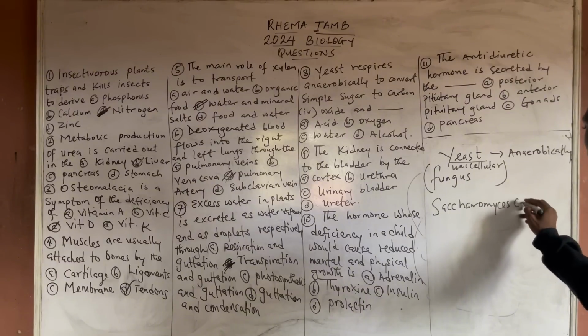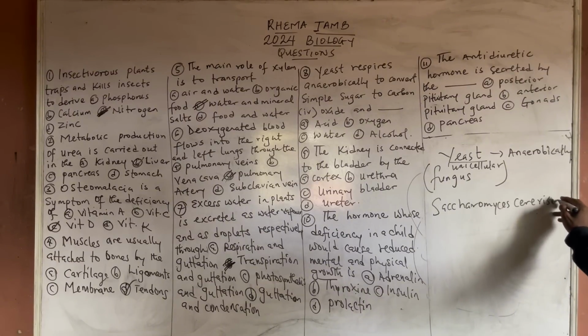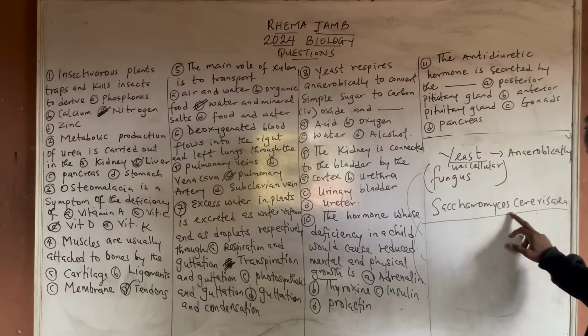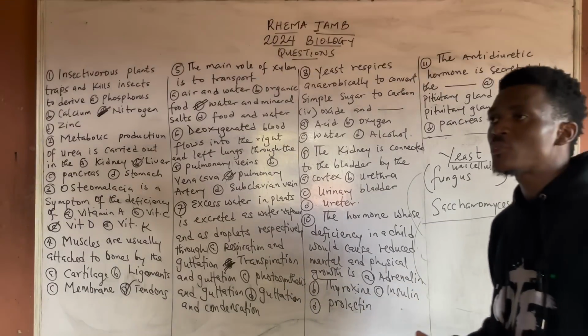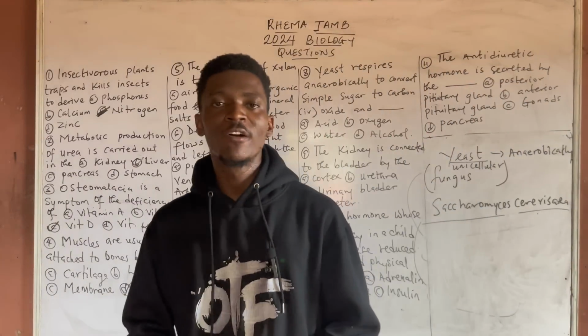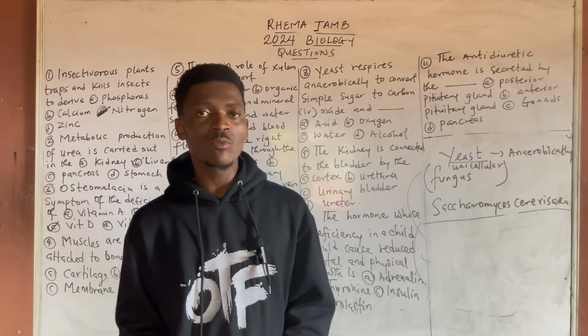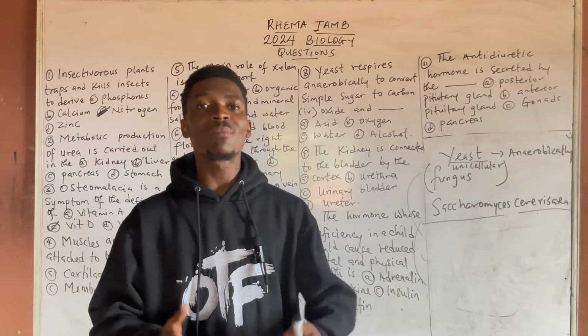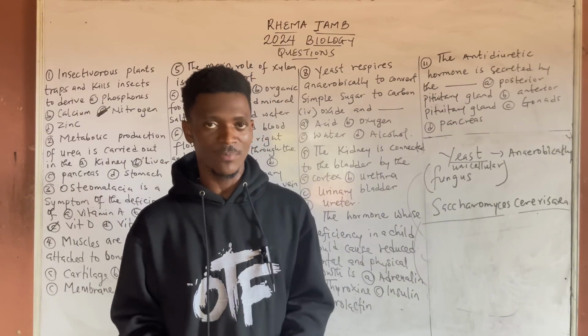Saccharomyces cerevisiae. All right? Now, you see, yeast is actually what is used during fermentation of some large organic molecules, such as those polysaccharides like the starch. Now, because yeast can supply a series of enzymes for the reaction.